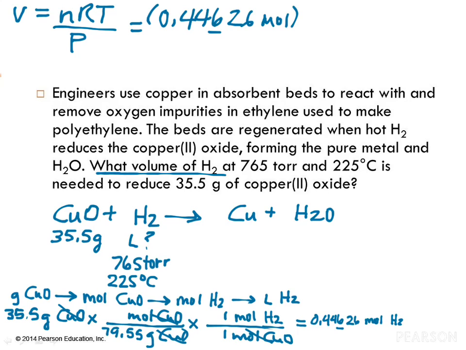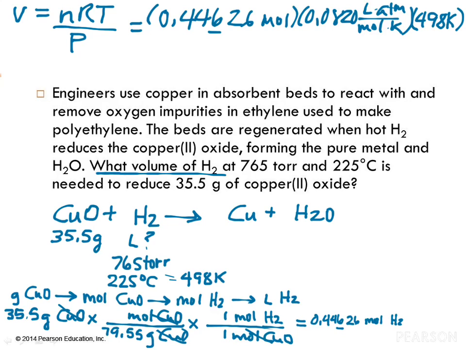And we know what the ideal gas constant is. And we can't plug that temperature in, right? Because that's not in Kelvin. 225, we have to convert to Kelvin by adding 273. This is equal to 498. So we've got 498 Kelvin up here.